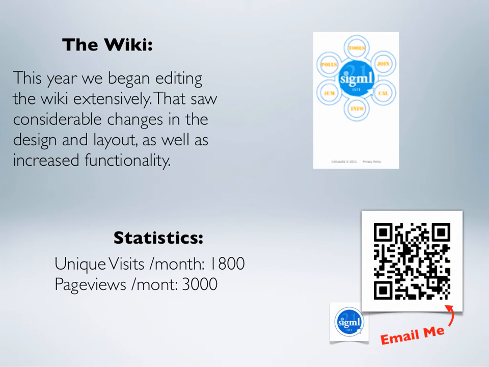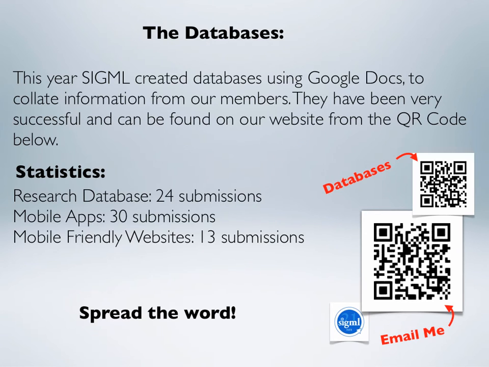Our second major project for the year was designing and implementing some databases. We wanted to make sure that they were not proprietary, so we used Google Docs and tied that in using some HTML and a couple other coding languages to get databases that are searchable on our wiki. We can use form submissions through Google Docs and then search for them through some HTML code.